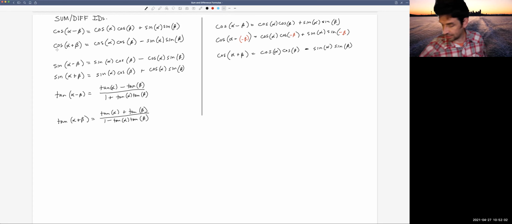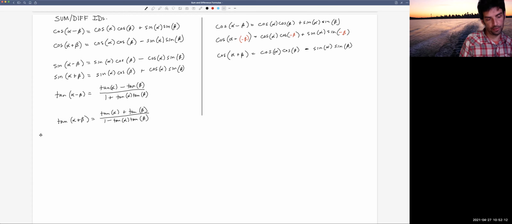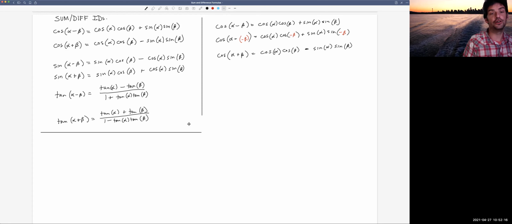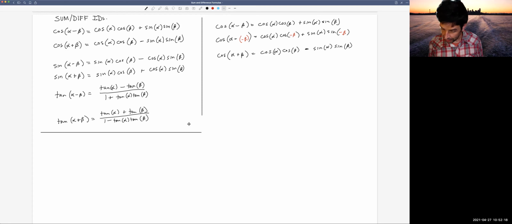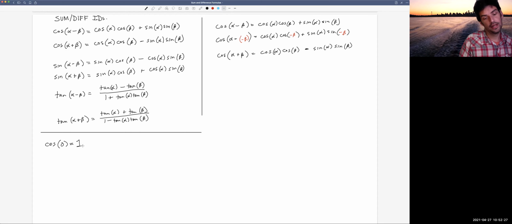All right, let's do a couple of examples. Not silly examples, but just some things to help confirm that this makes sense. So we'll look at some things we already know to be true. Let's just test this formula on something we know.